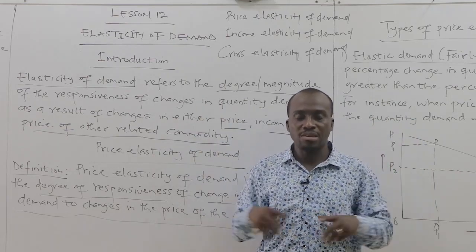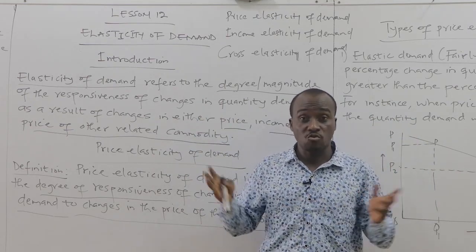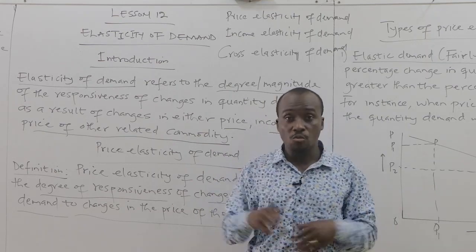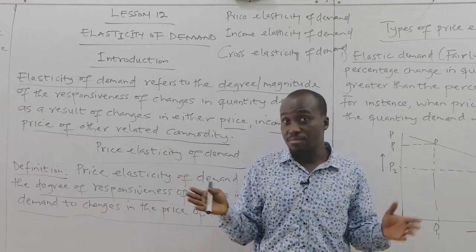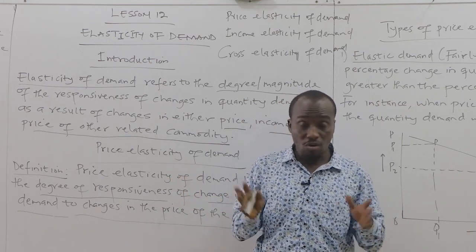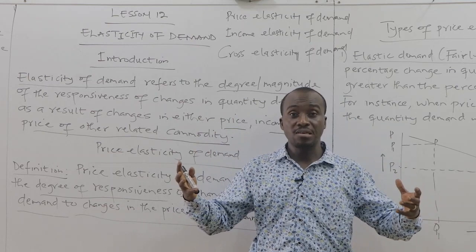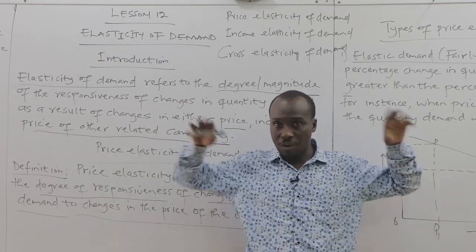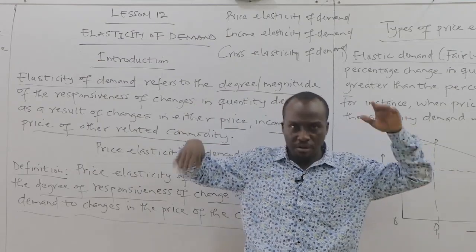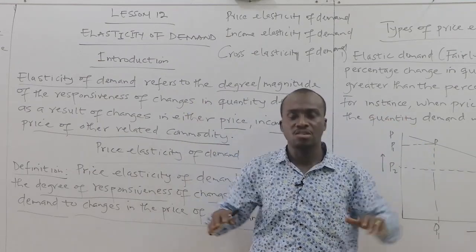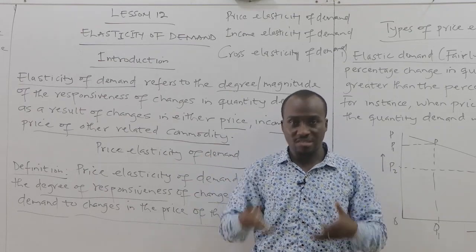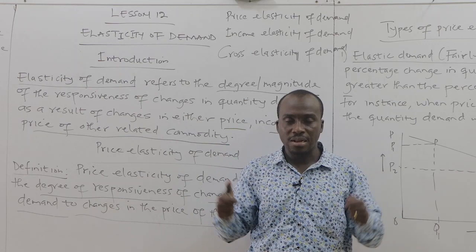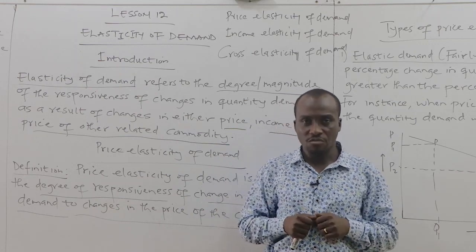When you go to the mall and the price of something you buy has gone up by 20%, are you going to decrease your demand by 10% or 5% or 2%? Nobody knows. If you take two consumers, maybe you reduce yours by 15%, somebody reduces his by 5%. That's where elasticity comes in: different degrees, different magnitudes to which consumers will change their demand whenever price increases. So let's go down and learn more about price elasticity of demand.